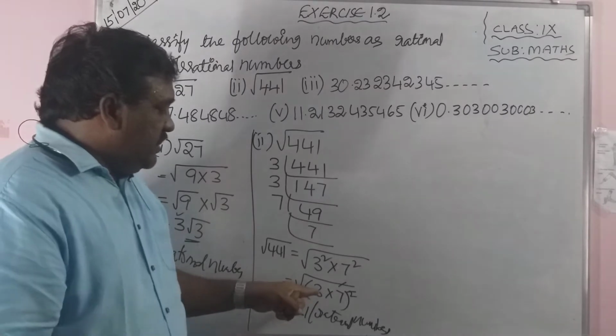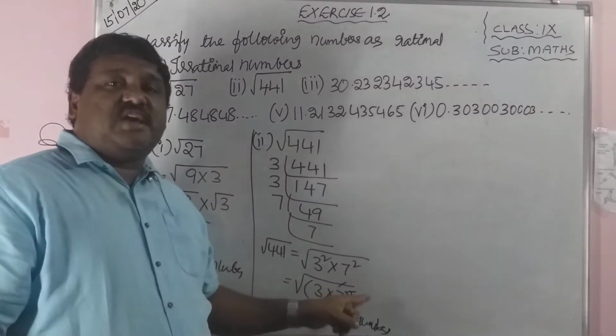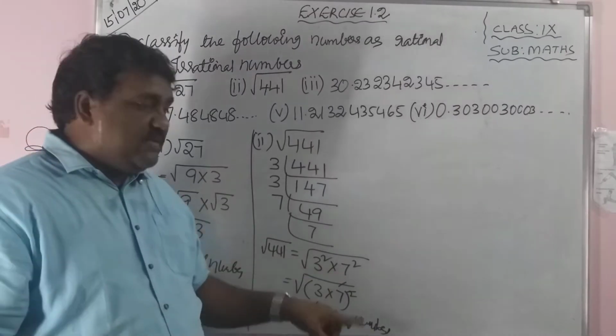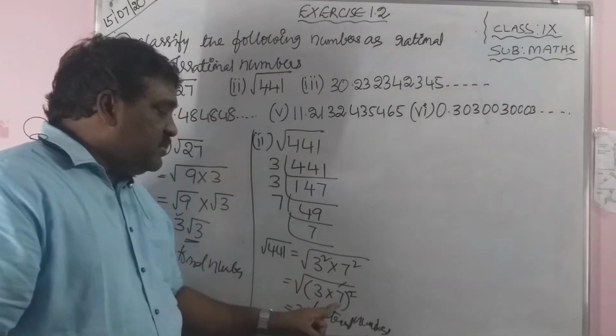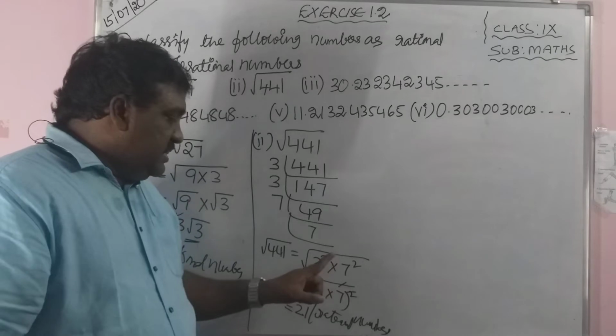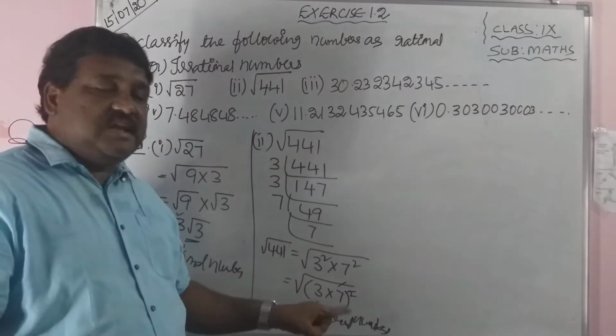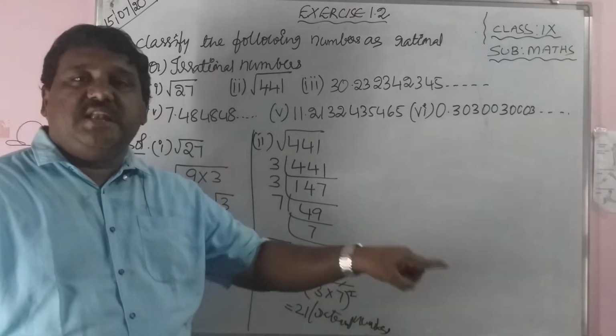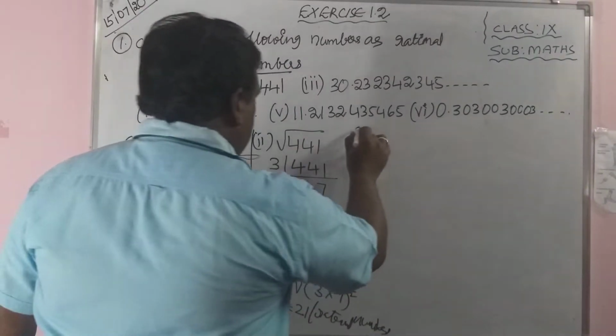So 3 square into 7 square is 3 into 7 whole square. Square root cancels. 3 sevens are 21. It is a rational number.